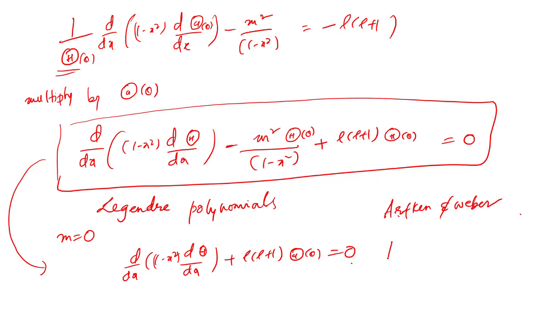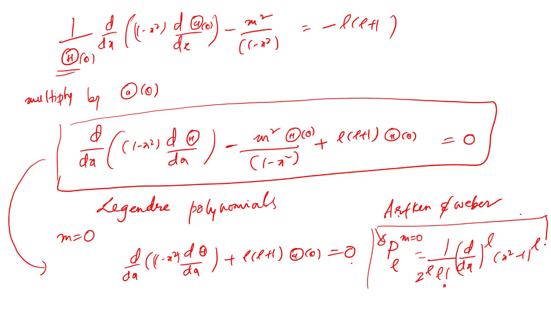So in this case, the Legendre polynomial for m is equal to 0 is represented as P. Legendre polynomials are symbolized with P, and that would be equal to 1 over 2 to the power L L factorial d by dx to the power L x squared minus 1 to the power L. So these are the Legendre polynomials for m is equal to 0. And recall that x is equal to cosine theta. Right? We substituted x is equal to cosine theta, and that's what this x means. This x, again, is not the spatial coordinate.